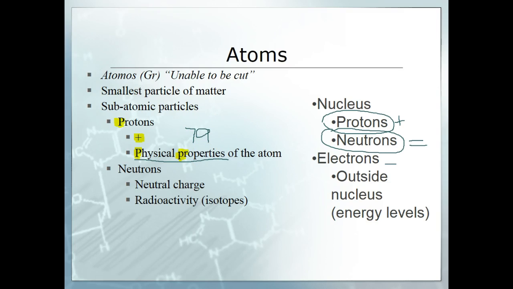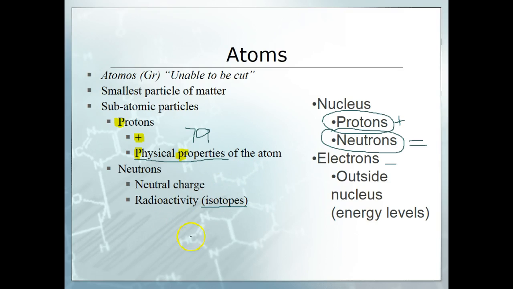Neutrons have a neutral charge and they give the atom its radioactivity. One of the vocab words is isotope, and an isotope is an atom of the same type with a different number of neutrons than normal.